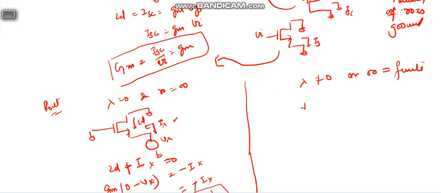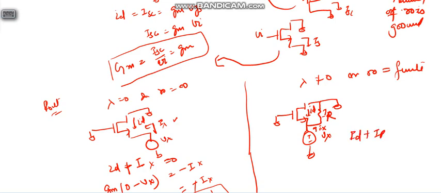Let's find out the output impedance. So Ro will come here, this is ground, here we are putting Vx, here ground. So this is ID, this is Ix, this is say IR. So ID plus IR plus Ix equals 0.